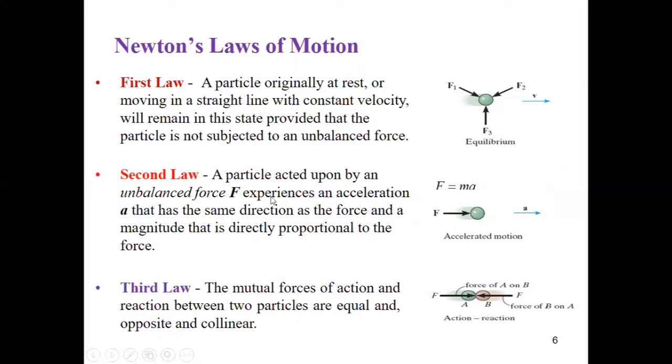And the third law is that every action has an equal and opposite reaction. For example, if two bodies A and B collide, the force exerted by A on B and by B on A will be equal and opposite in direction.